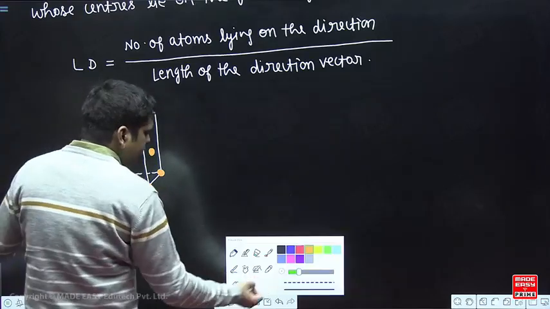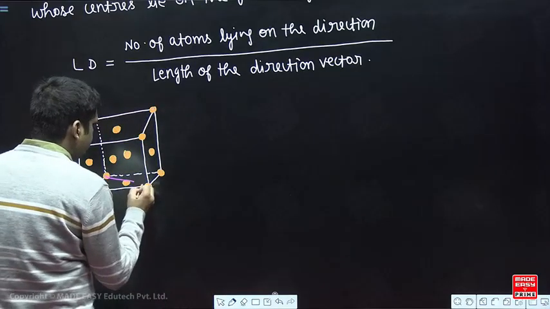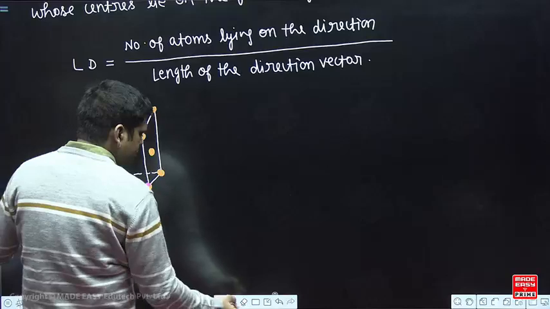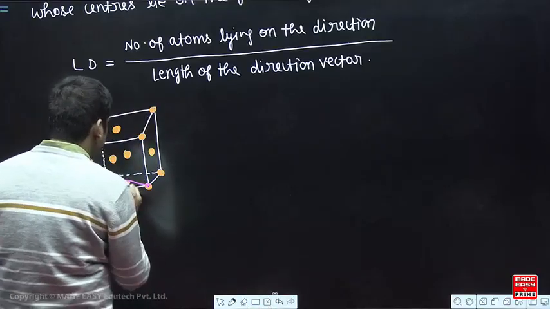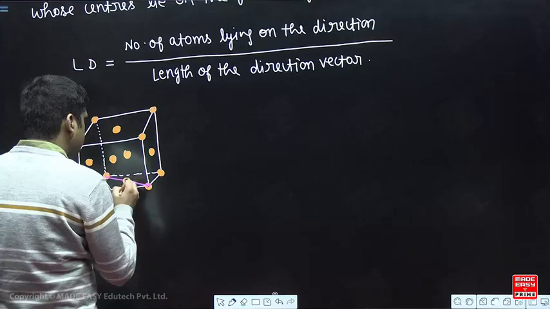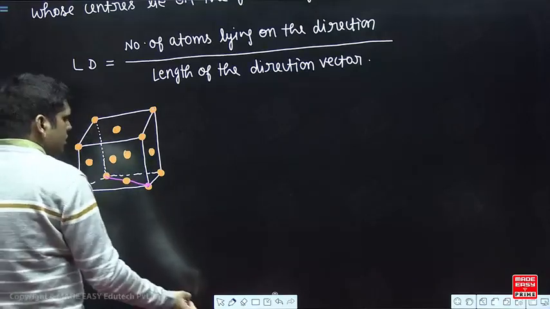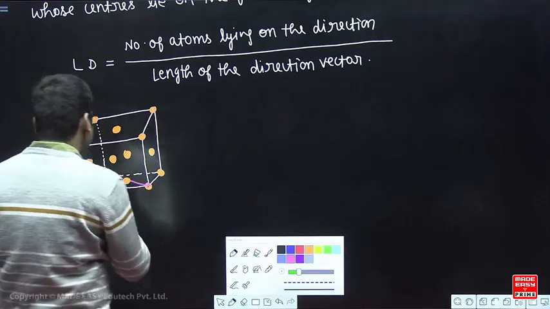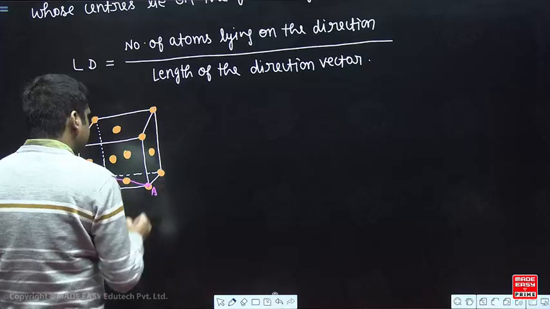Let us suppose in this direction I want to calculate the linear density. Suppose this is the direction along which we want to calculate. I am taking this direction as O and A.